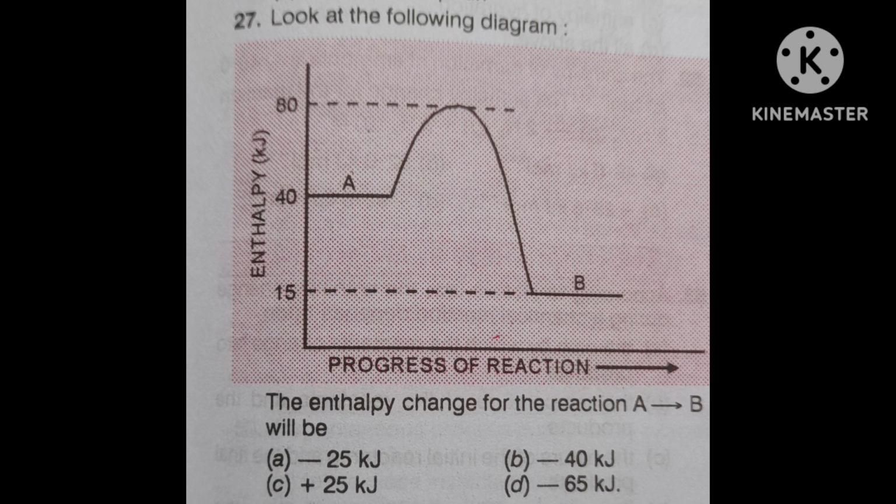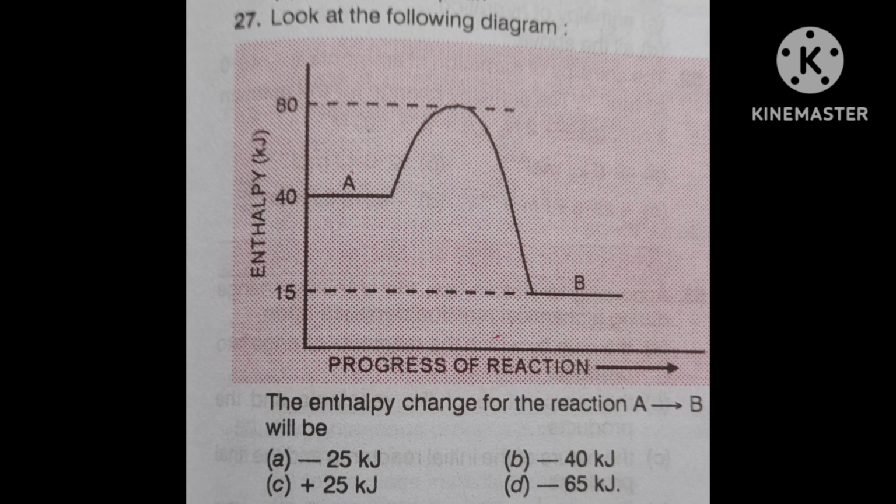Now we have to answer. The enthalpy change for the reaction A to B will be, what will the value of enthalpy change? You have to calculate. First option is minus 25 kilojoule. Second, minus 40 kilojoule. Third, plus 25 kilojoule. And fourth, minus 65 kilojoule. Again, I am repeating the question.